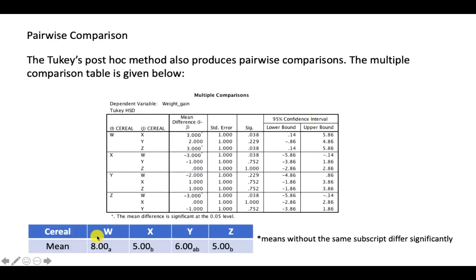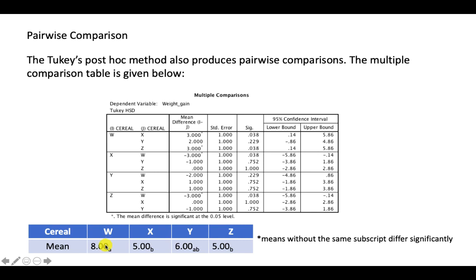So this is how you would do it if you want to write it in a table format. Or, if you read a lot of articles, you can see that they have a mean subscript, okay? Where the means without the same subscript would differ significantly.